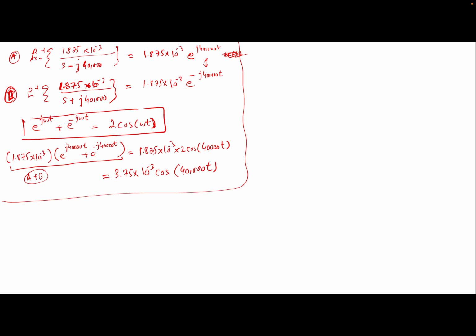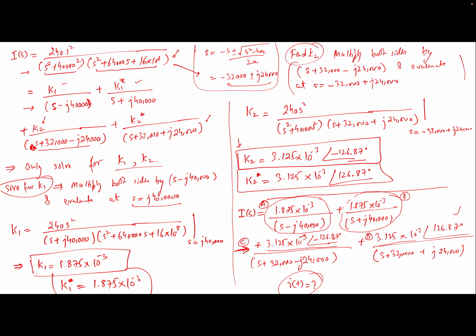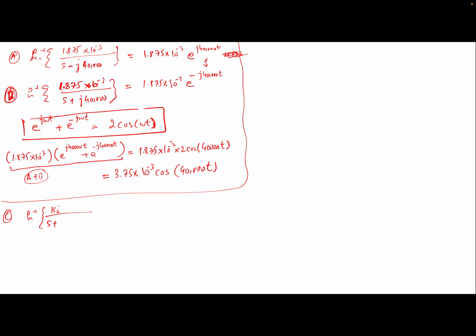So the C term is the Laplace inverse of K2 over S plus 32,000 minus j24,000. We just did this.